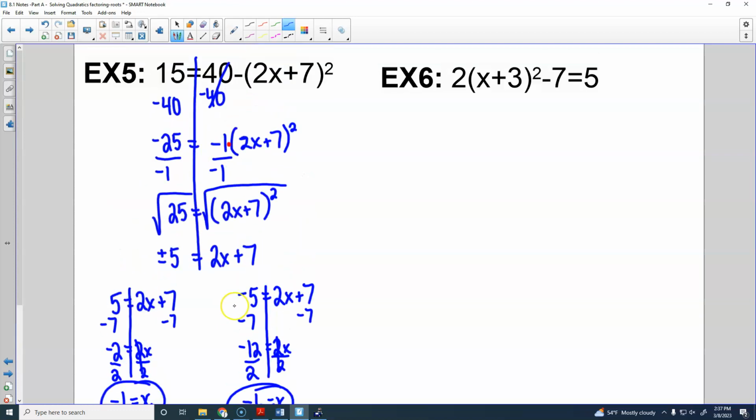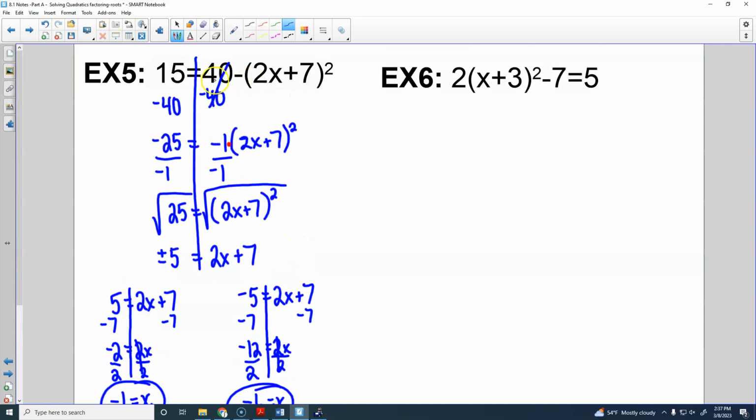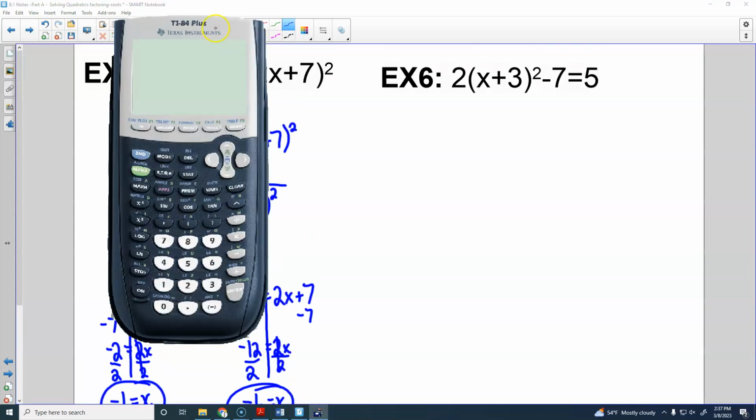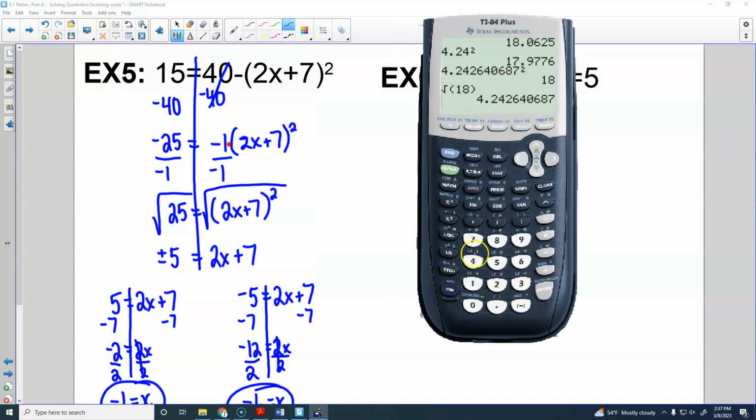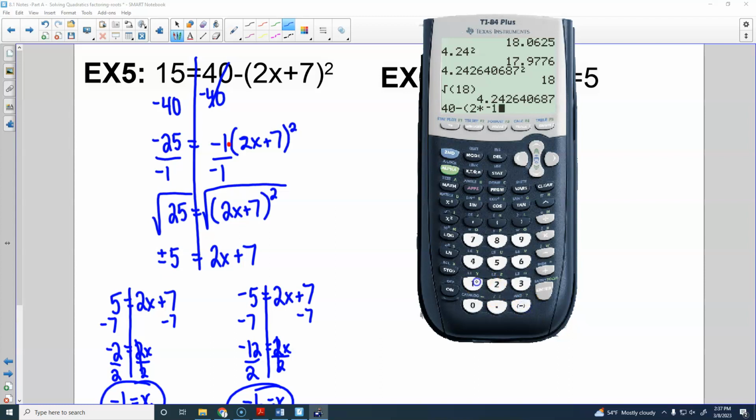So to plug it back in, and in fact, if you want, you could just use, I'm not going to let you use your calculator. No, I have to let you use your calculator because some of these are not going to be whole number answers. So if you're using your calculator, we would just take 40 minus 2 times, and then if I'm checking negative 1, I'll do negative 1 plus 7, close that parentheses, square it, and I get 15, which is what it's supposed to be equal to.